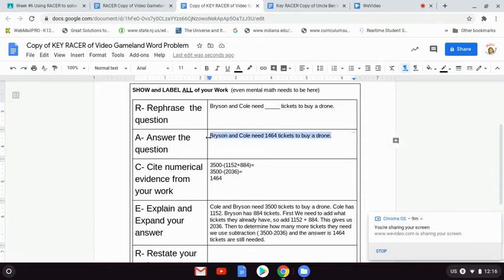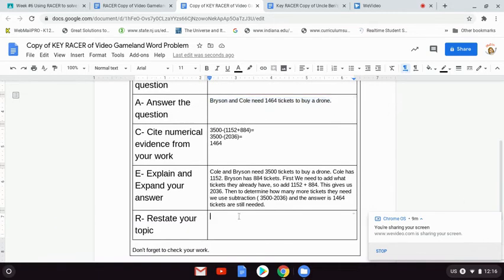And we're going to restate. Bryson and Cole need 1,464 tickets. And that's our answer to the second problem.